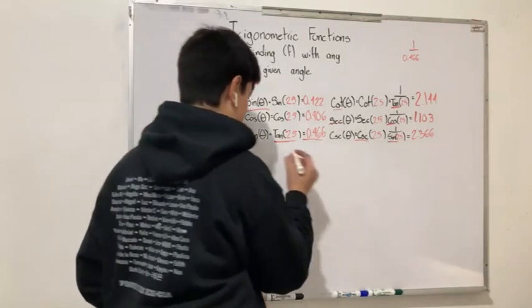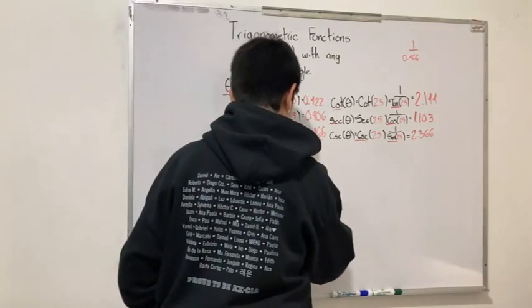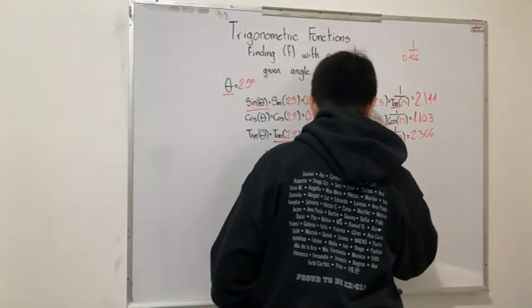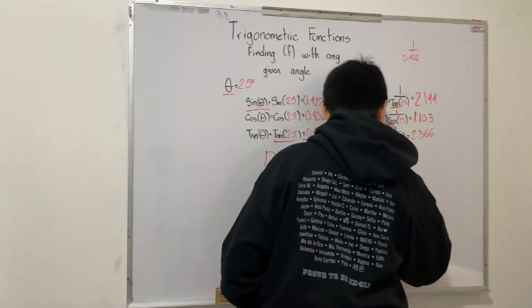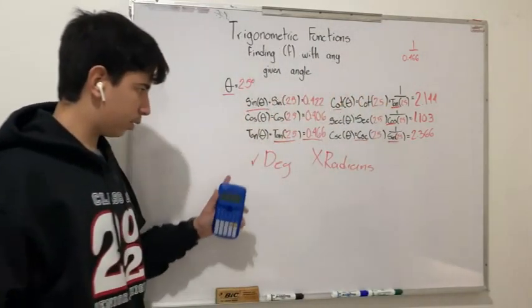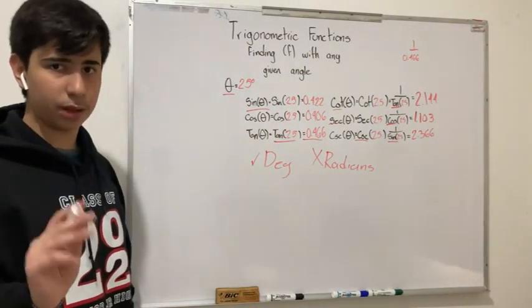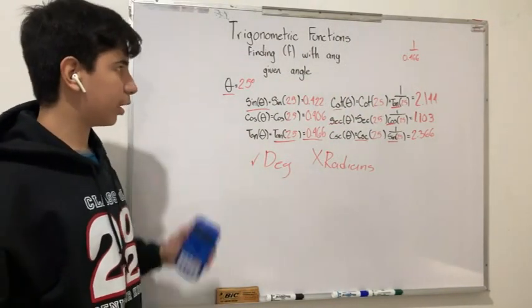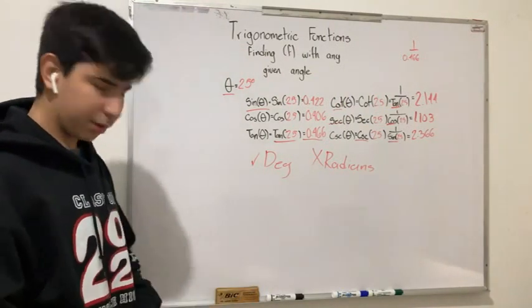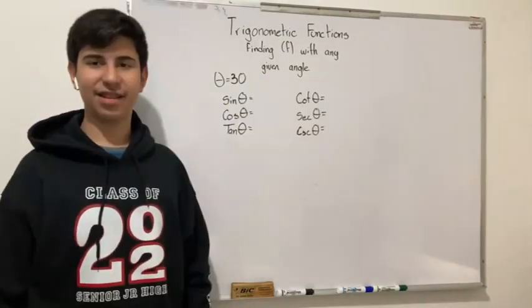And just remember for your calculator to be in degrees and not in radians. Degrees, not radians. That's all for this. Now I'm going to do some exercises for you to get a better idea.